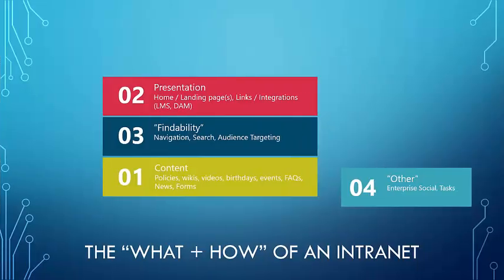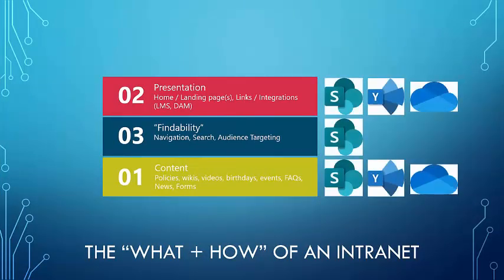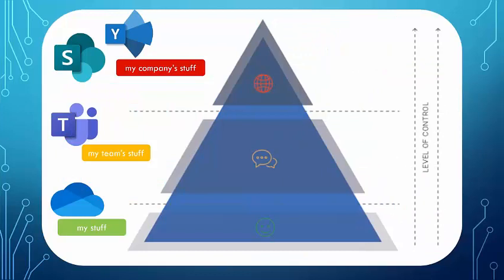So if we look at it from the perspective here, and I'm going to take that square on the right off really to focus on these primary three areas, we see in the Microsoft space that we are storing content in these set of tools, and we're surfacing it traditionally in these tools over time as well, but we're starting to see that OneDrive content move. If we look at it from the perspective of the pyramid, Teams is starting to dig downwards and take over some of the role of OneDrive from a presentation perspective.